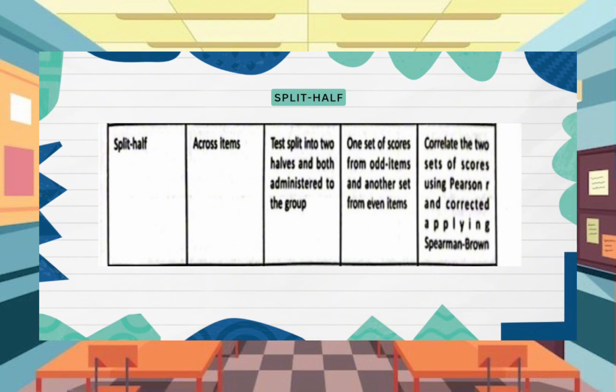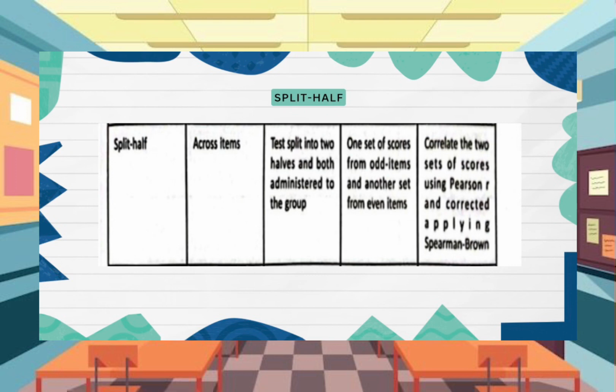All the odd-numbered items make up form A, while the even-numbered items compose form B. The coefficient of correlation between the two halved tests is obtained using the Pearson product-moment correlation, with the Spearman-Brown formula applied to estimate the correlation of the full test.